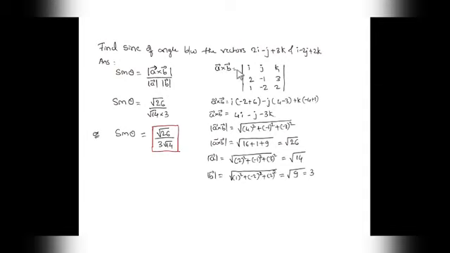Vector A cross vector B is equal to determinant of first row should be i j k, second row the coefficients of i j k in the vector A, that is 2, -1, 3. Third row should be the coefficients of i j k in the vector B, that is 1, -2 and 2. Now we know how to solve this.